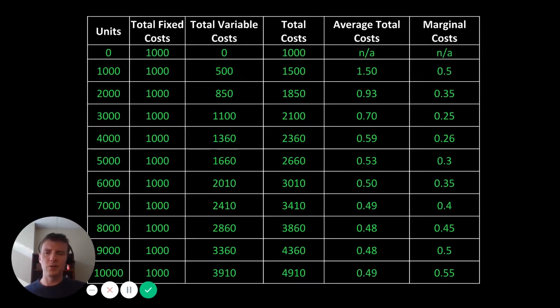Let's use that as an example. How much would it cost us to produce one more? We can go to the level of production that we're interested in, the row for 5,000 units, and go across to see what the marginal cost would be. And the answer is 30 cents. So if we're already producing 5,000 units, how much would it cost to produce one more? The answer is 30 cents.